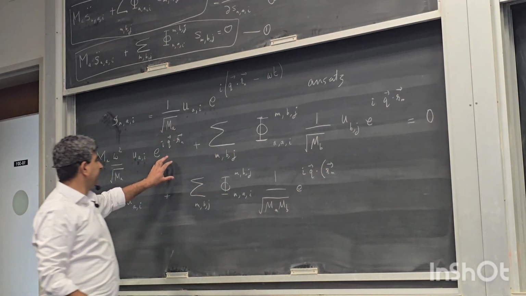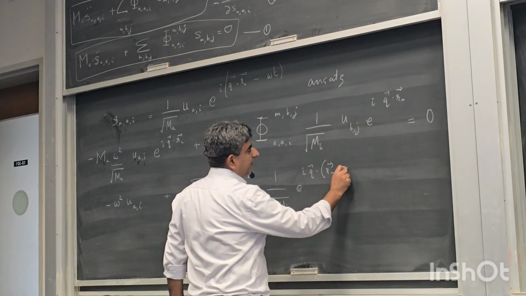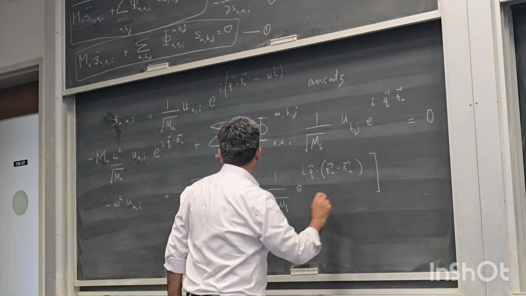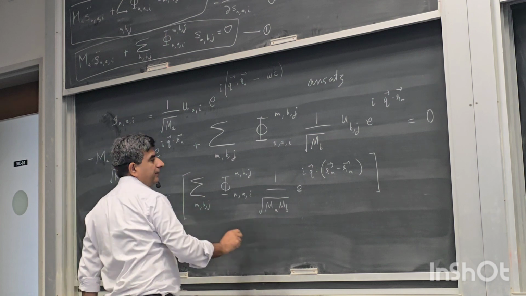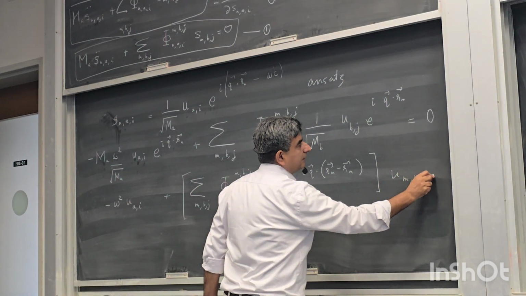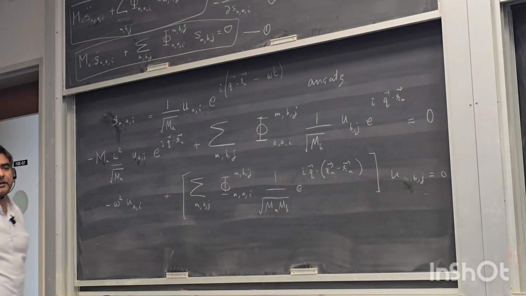Since I want to get, divide by EIQRN, so I put minus Rn here, U M Bj. Now I don't need this M or N. Okay, so this is my equation of motion. So it has been considerably simplified.